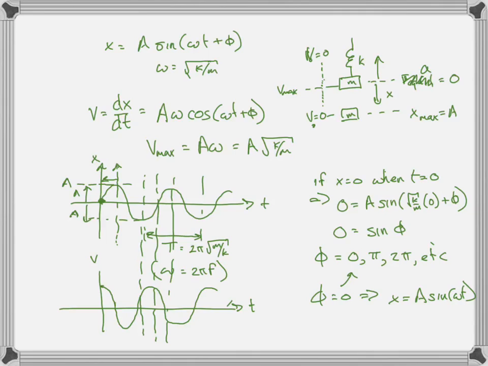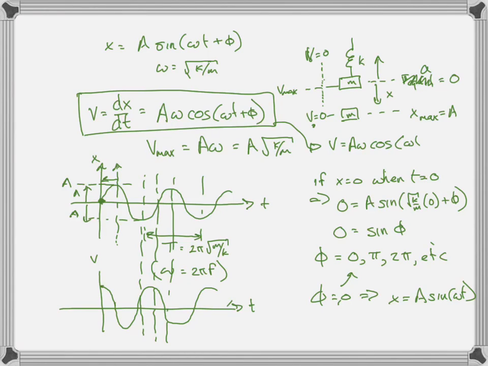So what this shows you is that, given this problem, v is equal to a omega cosine omega t with the phase equal to 0. The original question is where is v a maximum? Not when in time, but where. I claimed v was a maximum at the center.